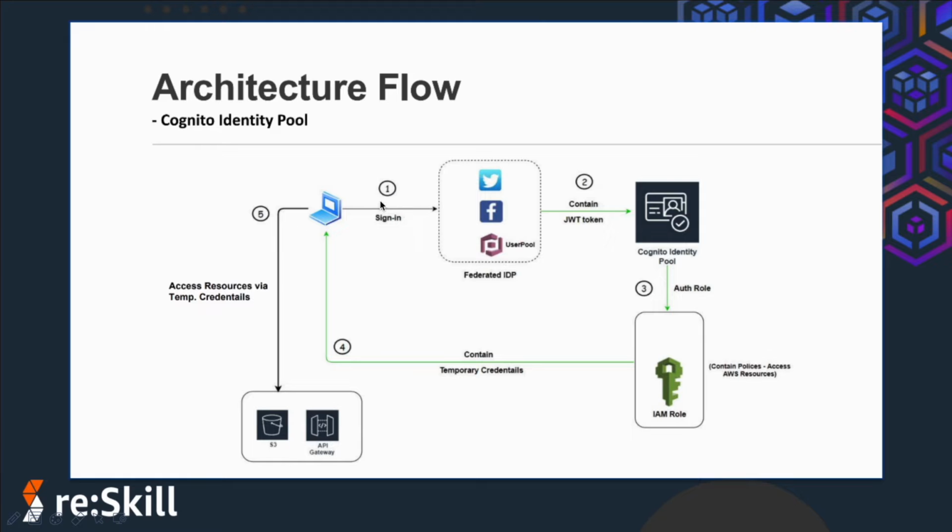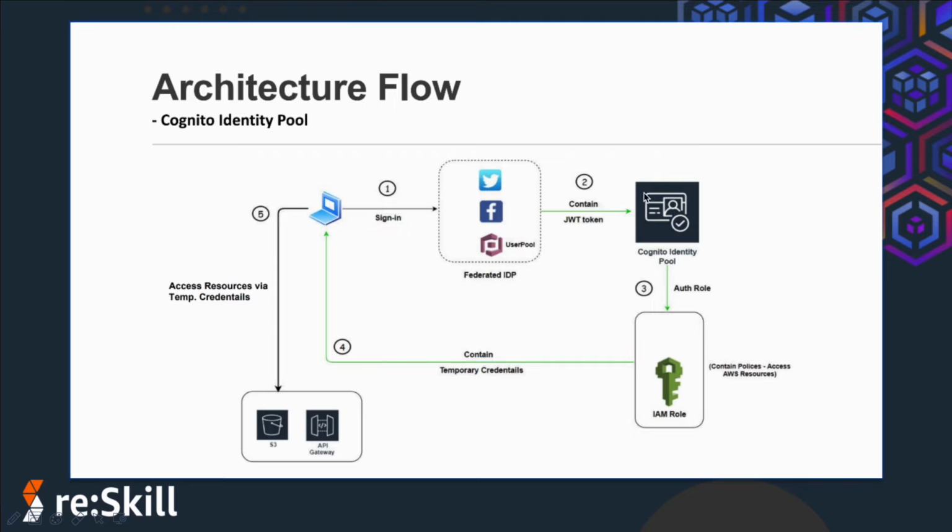So in step number 1, the user signs in with any of these providers, and then after successful sign in, it heads to step number 2, that is Cognito Identity Pool. The request now moves to Cognito Identity Pool with the JWT token that you receive after successful authentication from these identity providers.